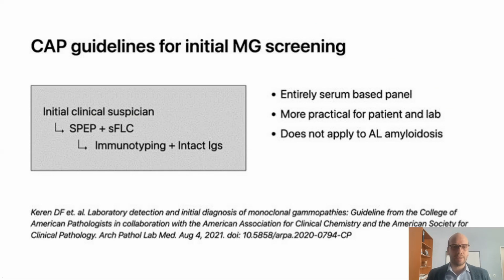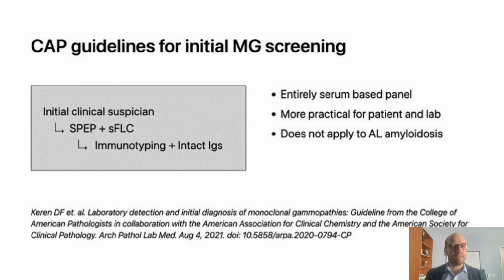Current guidelines released recently from the College of American Pathologists suggest the following algorithm for the initial screening for monoclonal gammopathies. This algorithm starts with the clinician's evaluation of their patient. If there is sufficient clinical suspicion, then they should order serum protein electrophoresis, SPEP, as well as serum free light chain assays.